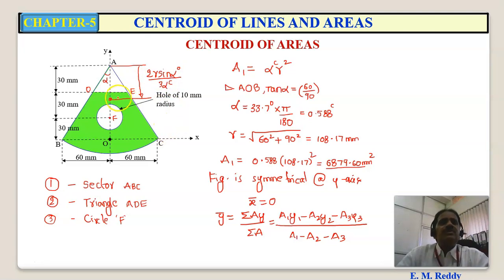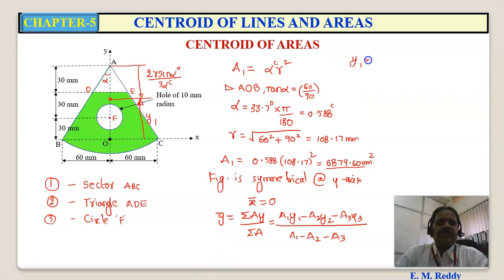Am I right? So this is the distance of centroid of this sector from the center. But here y1 means what? Distance of centroid of the sector from x-axis. So this is our y1. Am I right?